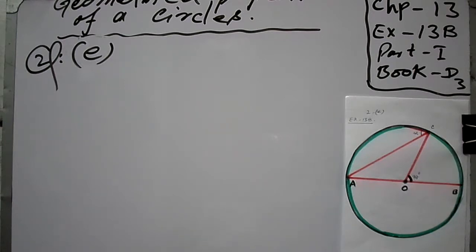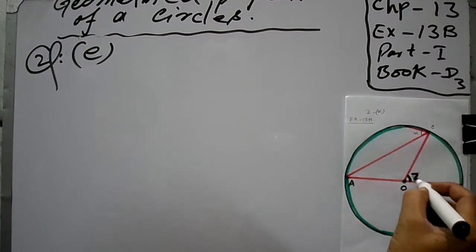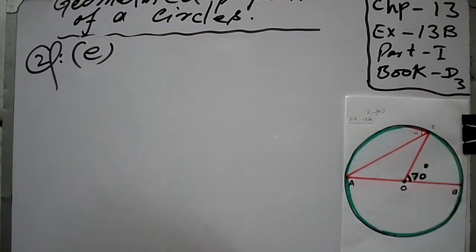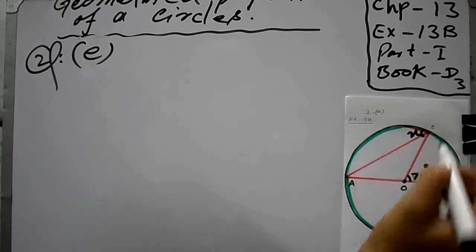But here we have a 70 degree angle, you can see, and we have to find this angle, that is your X.